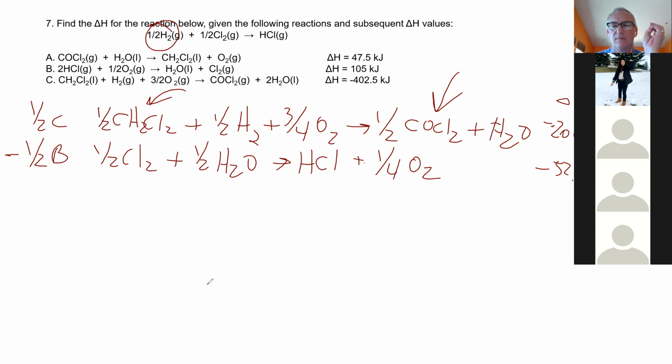You need reaction A to cancel them out. Reaction A to the rescue. We certainly do. So what are we going to do? We have half a mole of CH2Cl2 as reactant. I want to get rid of that. And I've got COCl2 as product. I need to get rid of that.